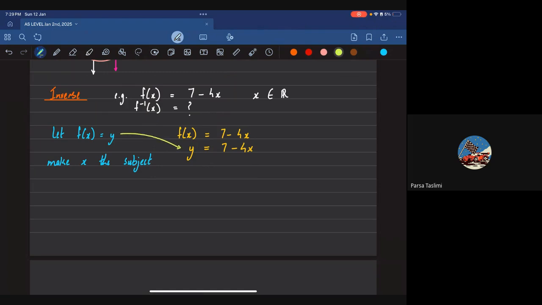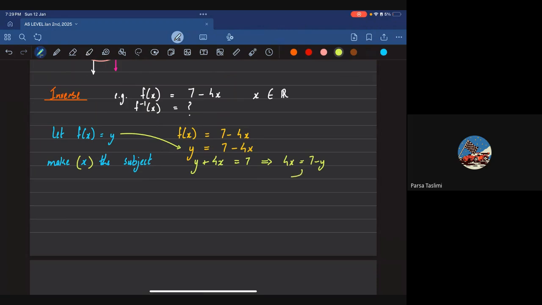And now I'm going to make x the subject simply by taking it as y minus 7 is equal to, or you can take it onto the other side. So I'll do this as y plus 4x is equal to 7, which can further be written as 4x is equal to 7 minus y.